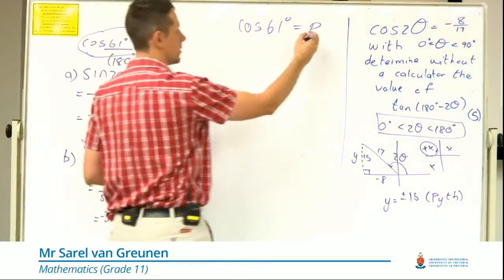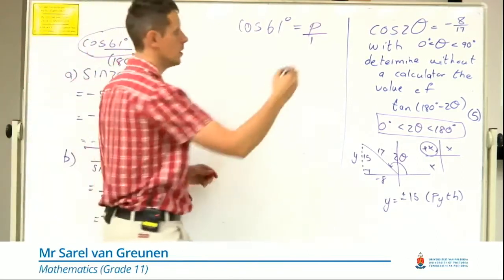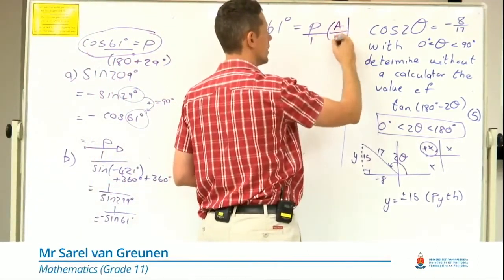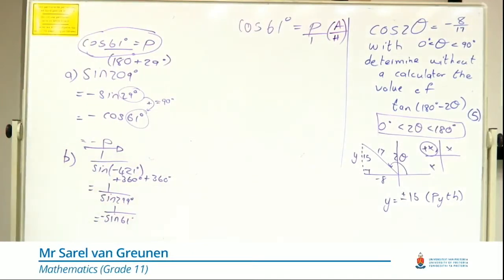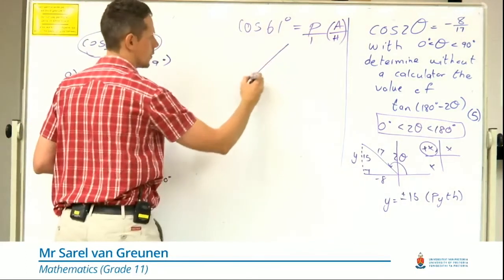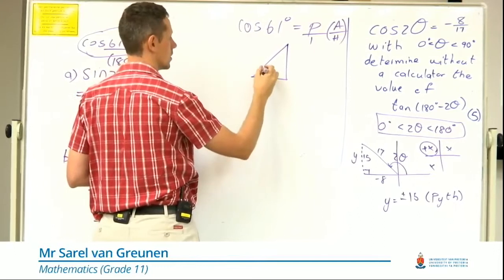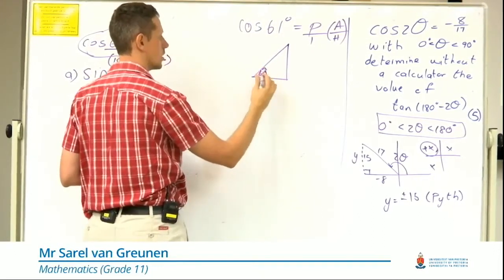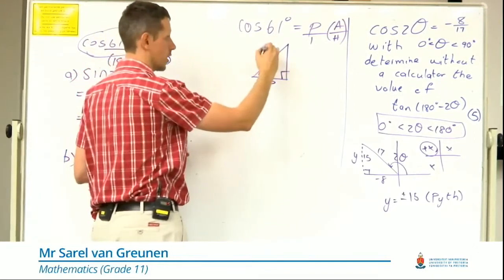So I can make this p over 1, which means in the triangle, this can be adjacent and that can be hypotenuse. So there's my triangle. For 61 degrees, I've got adjacent, I've got hypotenuse.